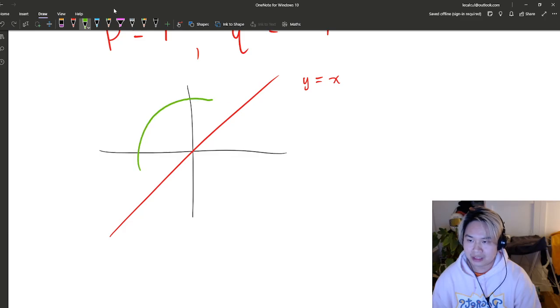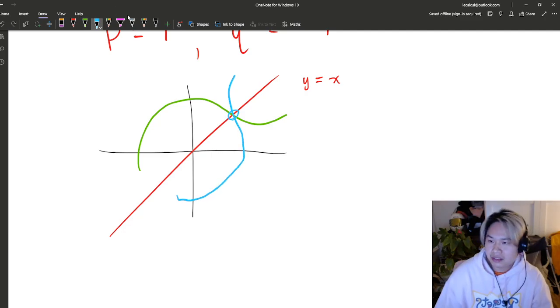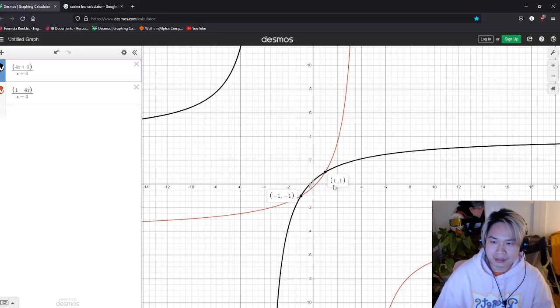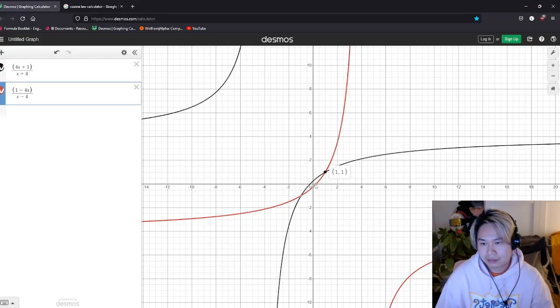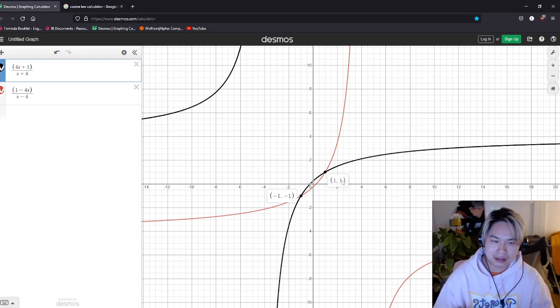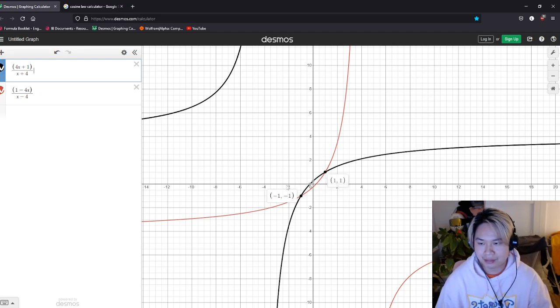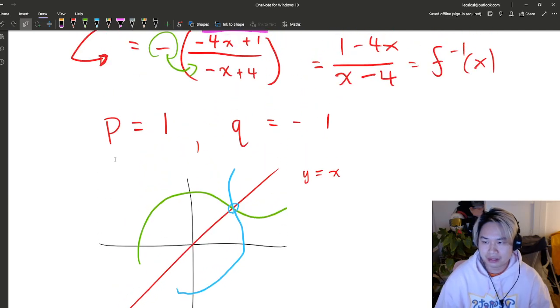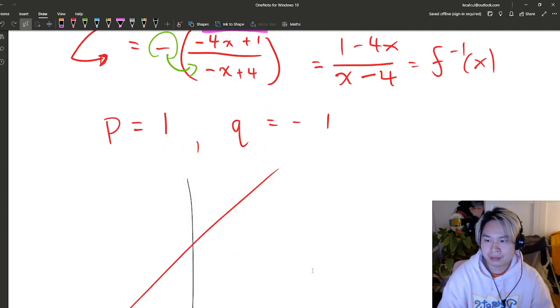Because of the way the symmetry works, the only places that they do intersect are along this line. Although I guess it doesn't really help you know that it's going to be at 1 and negative 1. But it does mean that you know the y and x values have to be the same thing. Sure, whatever. Ignore what I said. That's just a little tidbit, I guess. Not that it matters to you guys because you're done.